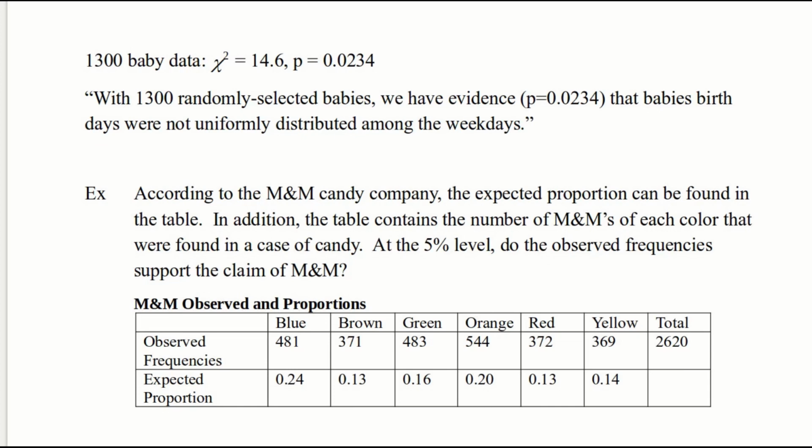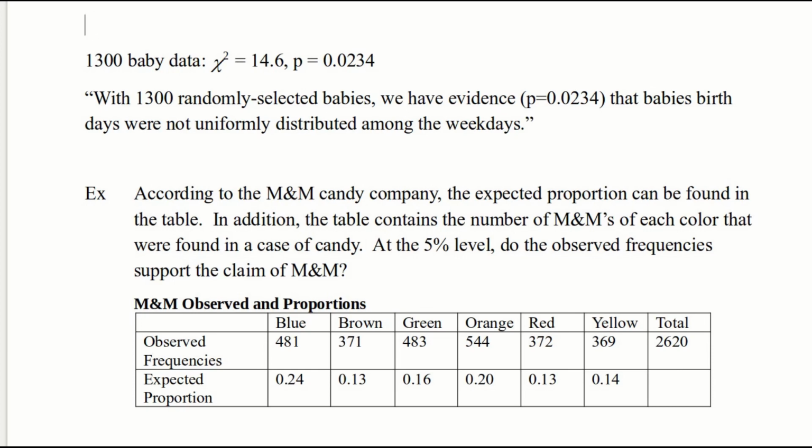Let's look at another example, this one asking about the colors of M&Ms, a reoccurring theme in our book. The expected proportion can be found in the table. So this is what we're told the percentage of each of the colors is. So for example, if you look in the brown column, we counted out 371 out of the 2,620, but we were told that the proportion of M&Ms that are brown is 13%.